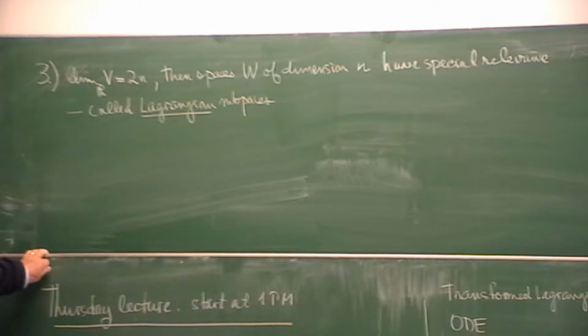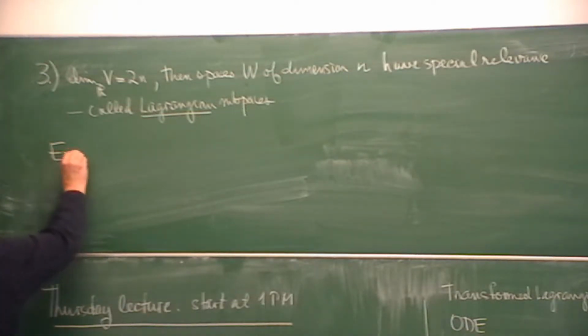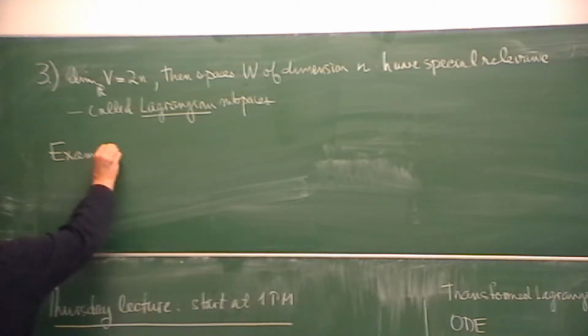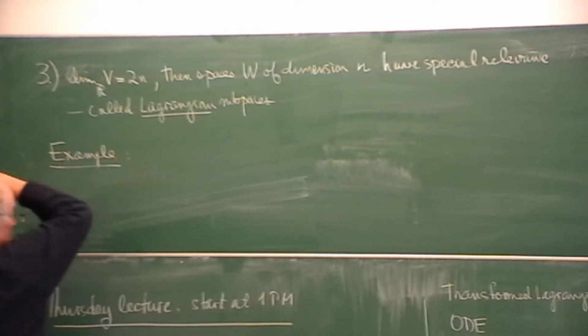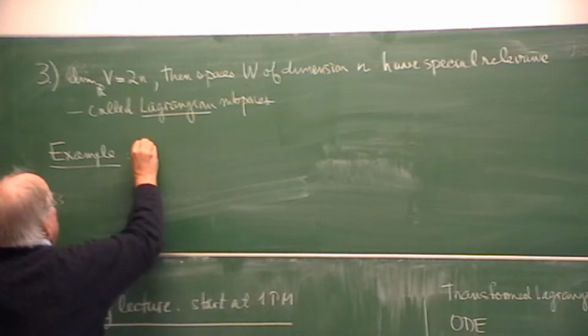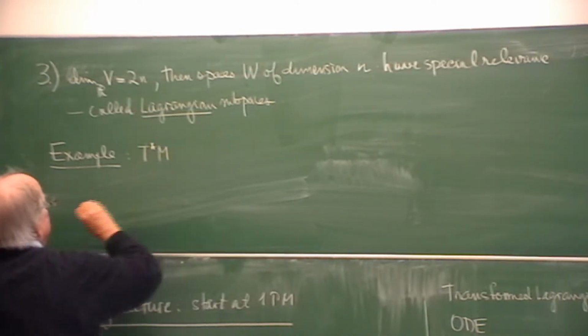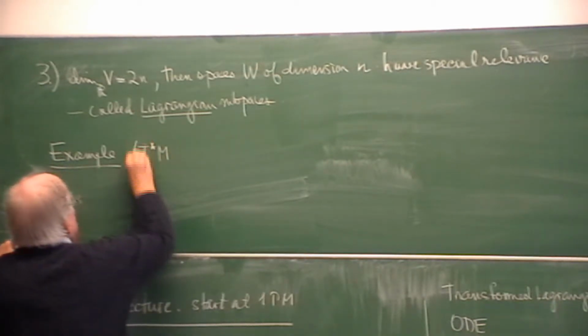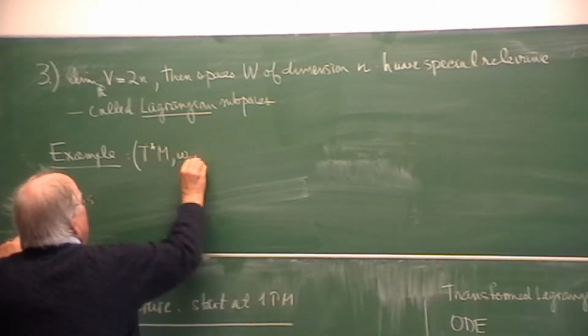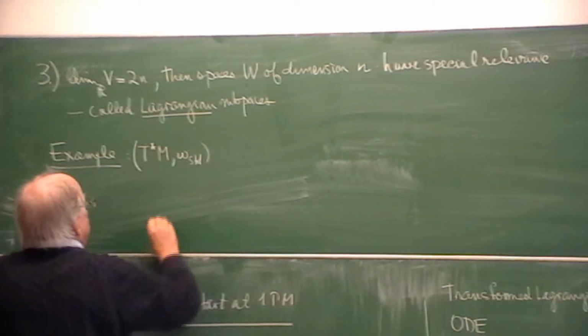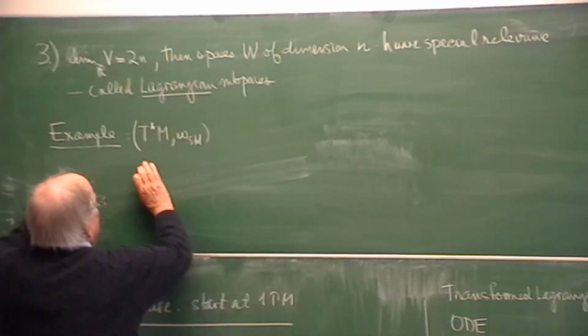So our example was the cotangent bundle of M equipped with the standard form that I introduced last time, which is symplectic.